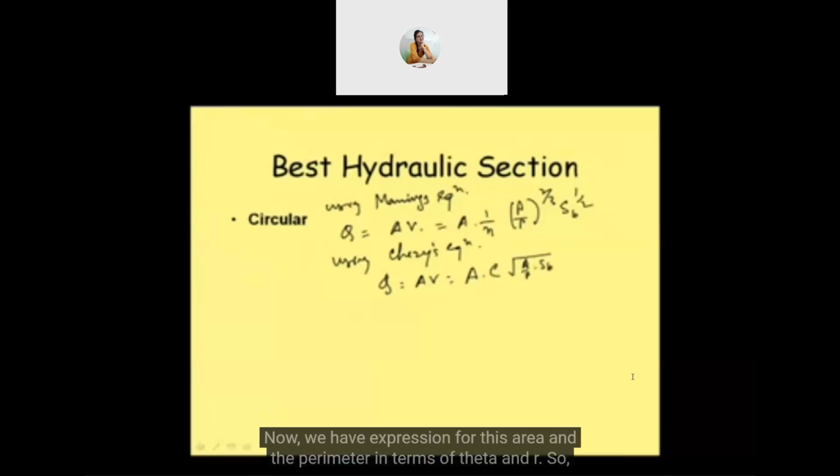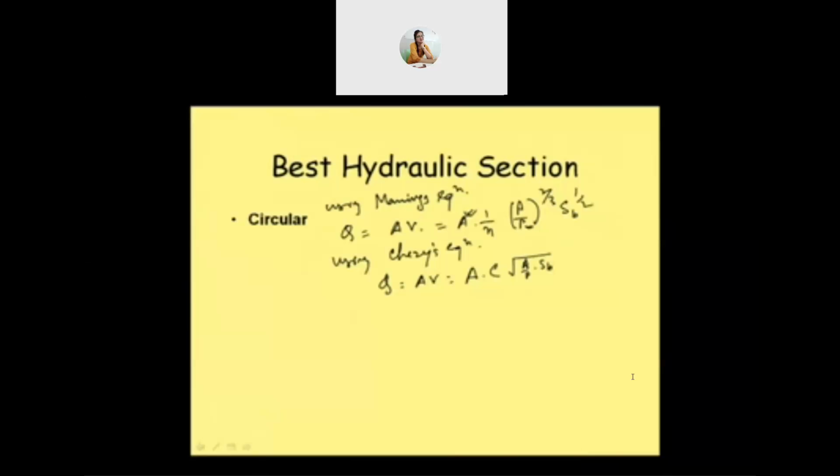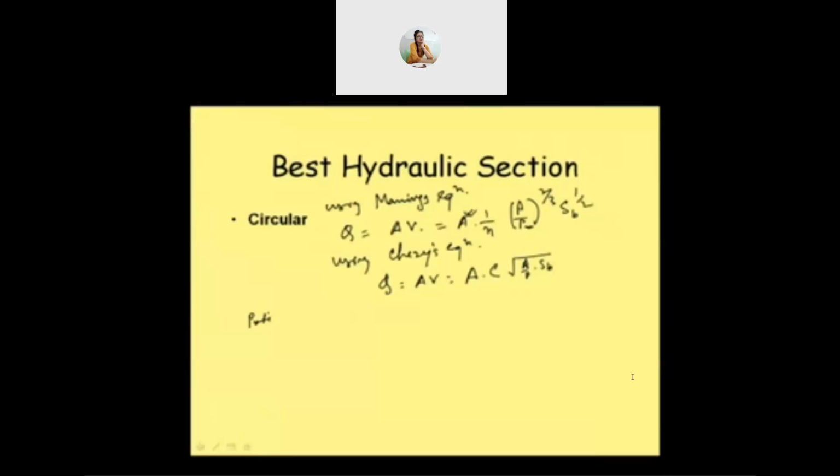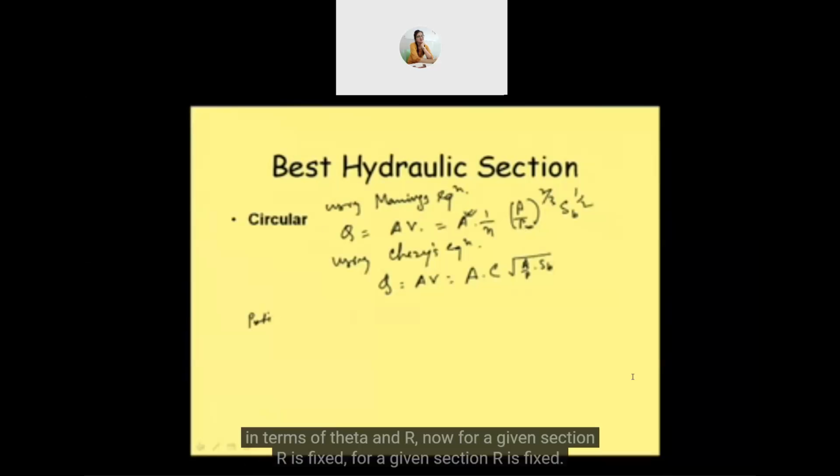Well, now we have expressions for the area and the perimeter in terms of theta and R. If we put the expressions of area and perimeter in terms of theta and R, now for a given section R is fixed.